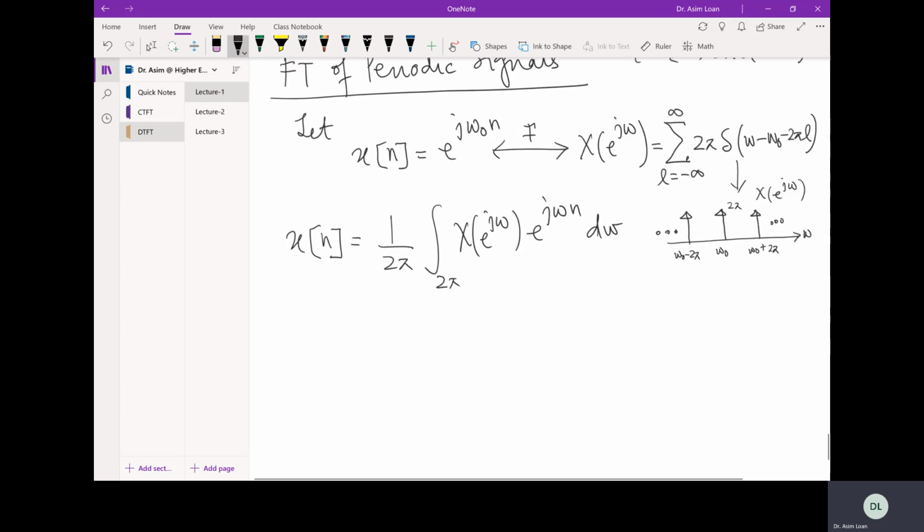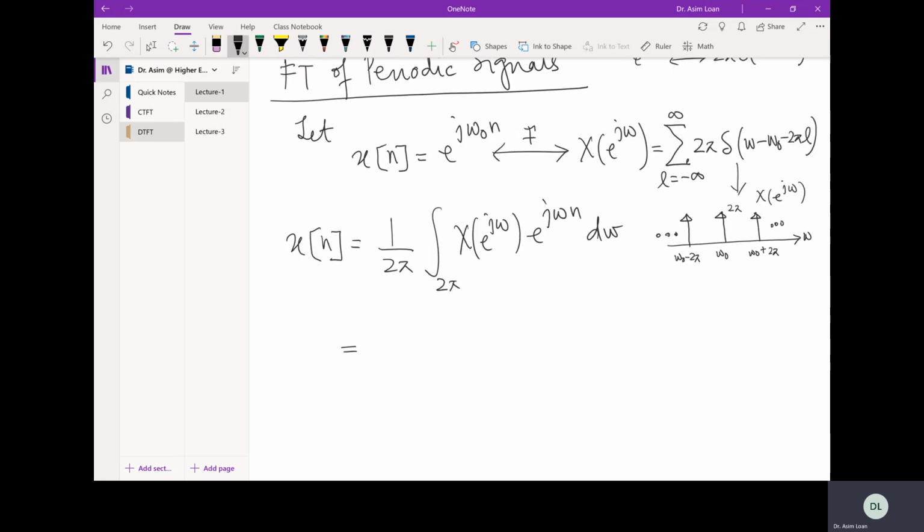Okay, so let me integrate this one. So 1 over 2 pi. Let me integrate this one from minus pi to pi. So this is some minus pi, this is some plus pi. So I integrate from minus pi to plus pi the summation over L of 2 pi delta of omega minus omega naught minus 2 pi L into e^(jωn) d omega.